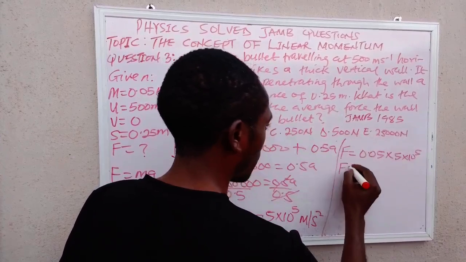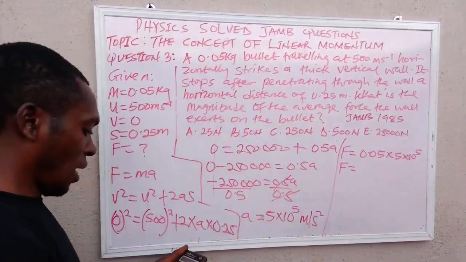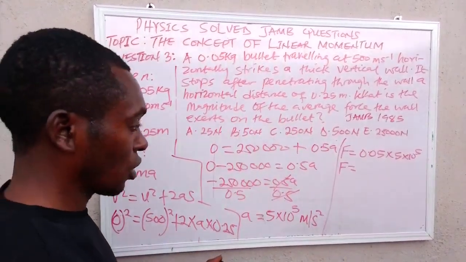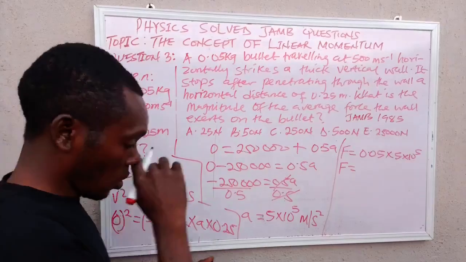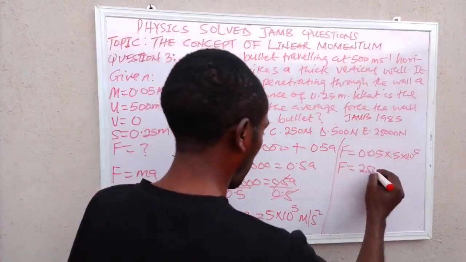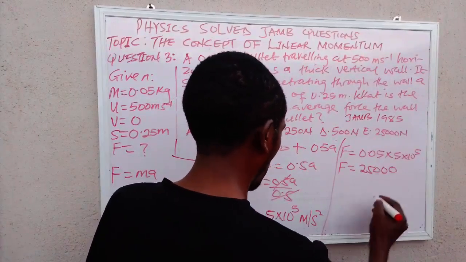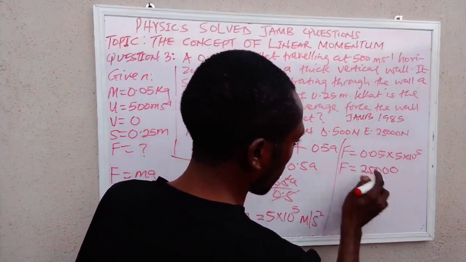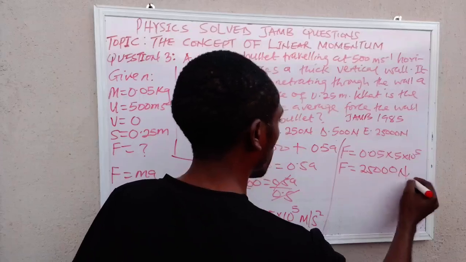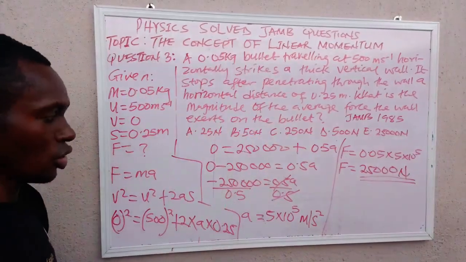We multiply this by 0.05, and we're going to have 25,000 Newton. That is the answer to this question.